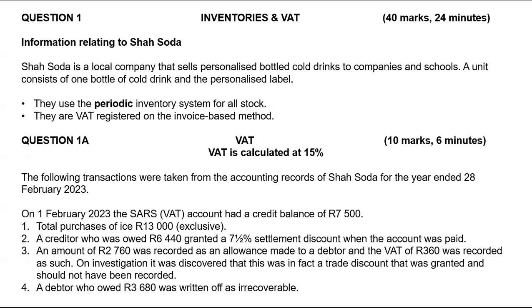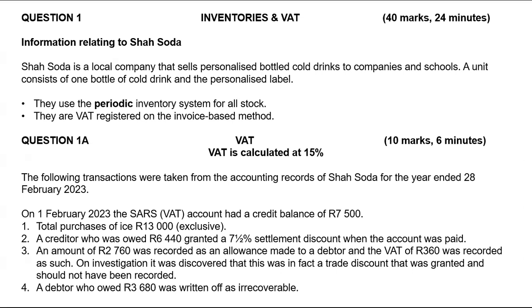So remember, on trade discount, we actually do not record a trade discount. So what happened here is that when we got that discount, we actually calculated VAT on it. And that trade discount, which is 2,760, we treated it as though it is an allowance. You got that?